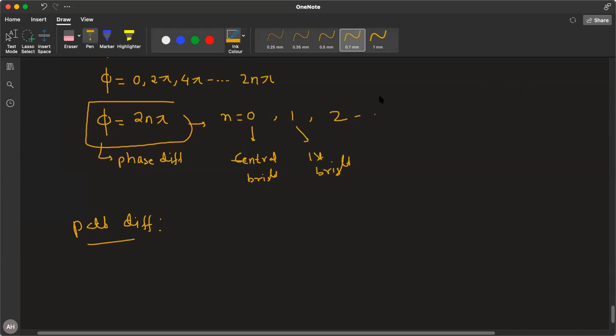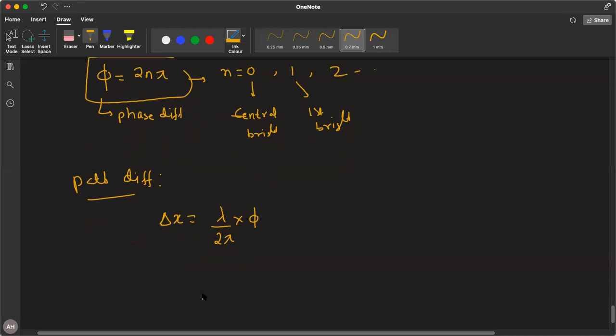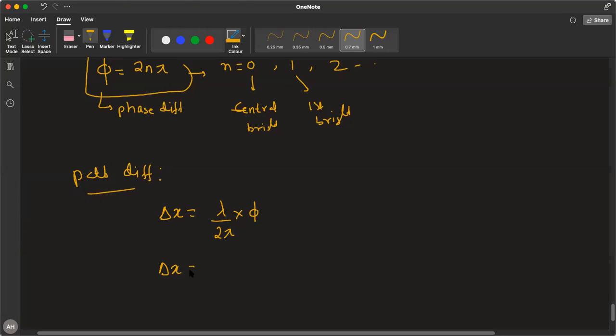Delta x, the path difference, is lambda over 2 pi into phi.